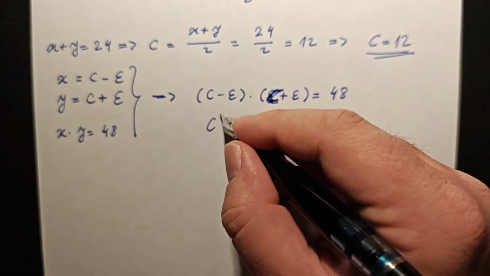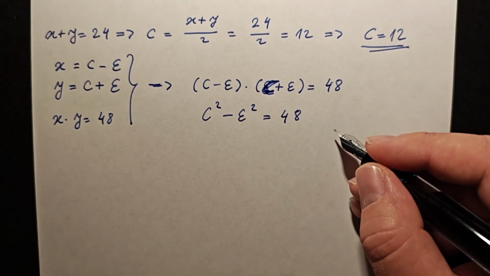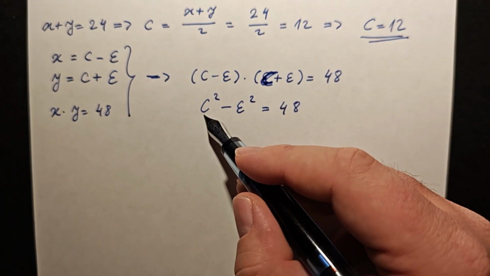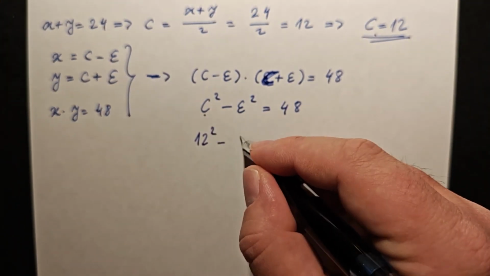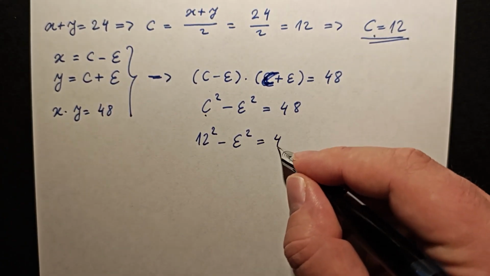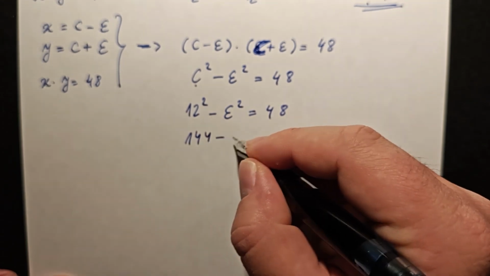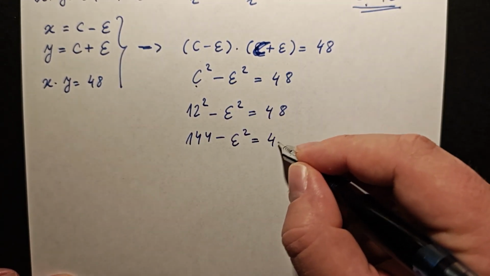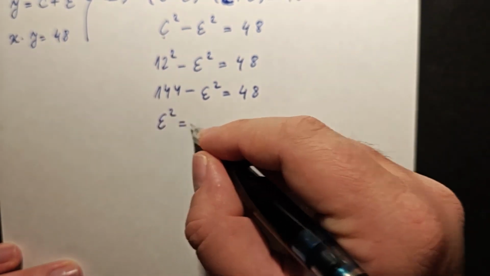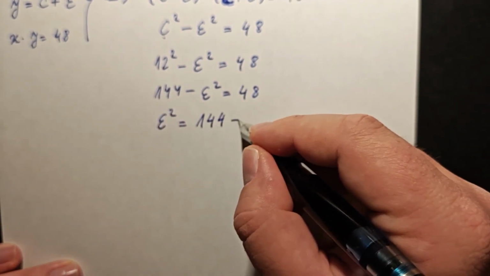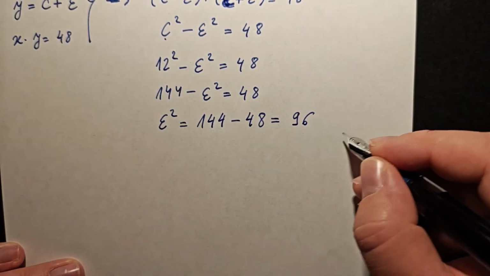This is now c squared minus epsilon squared, and that is equal to 48. Of course, we know the value for c, and that is 12. So this is 12 squared minus epsilon squared is equal to 48, and that is 144 minus epsilon squared, which is equal to 48. Epsilon squared is now 144 minus 48, which is equal to 96.